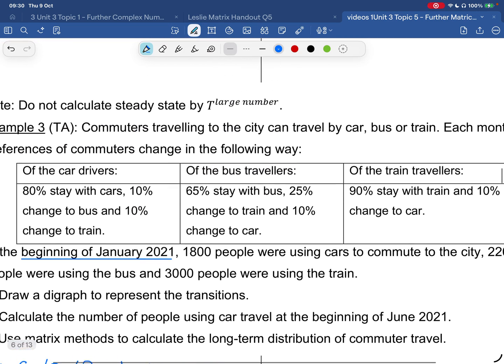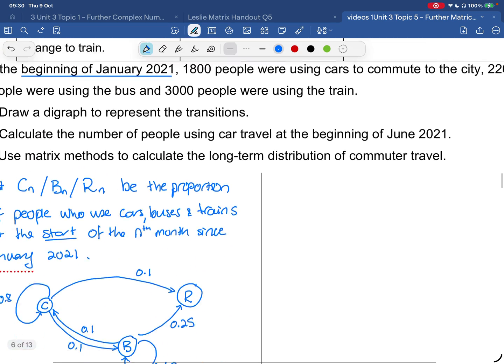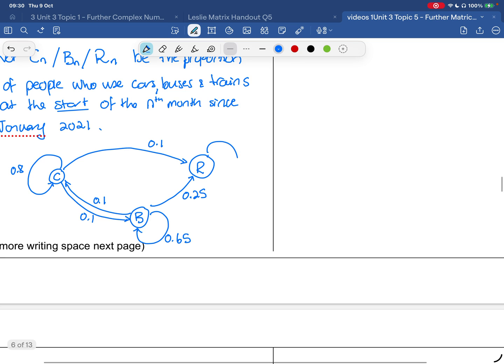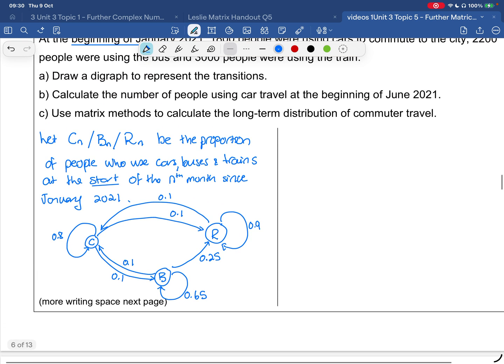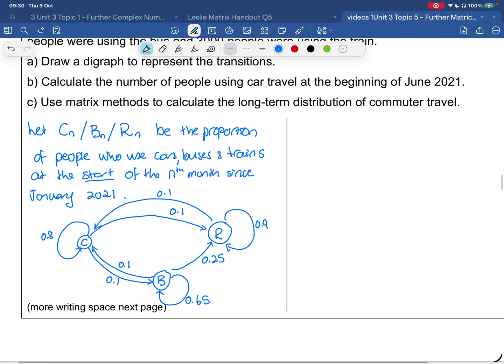And then of our train people, 90% stay with the train and 10% go to car. So I have 90% there and 10% going back to cars. So that's our diagram that's going to represent what is happening every month with my commuters.